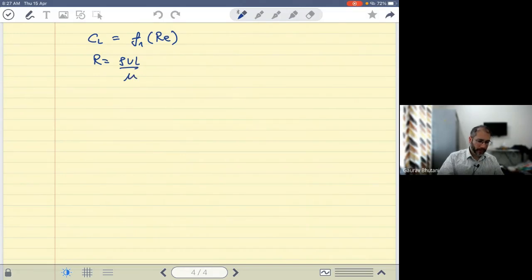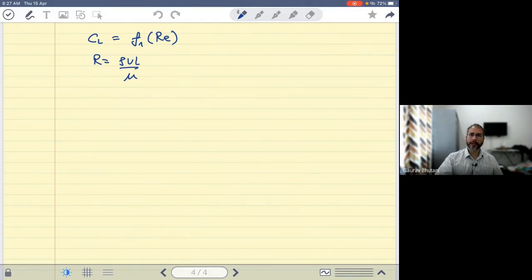So what it means is, if I decrease my length by a factor of 10, if I do the experiment on a smaller model, then to get the same lift coefficient, I will have to increase the velocity by 10 times. If I increase the velocity by 10 times and decrease the length by 10 times, I get the same Reynolds number.